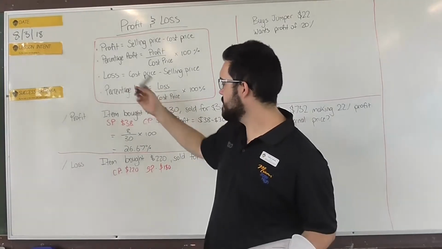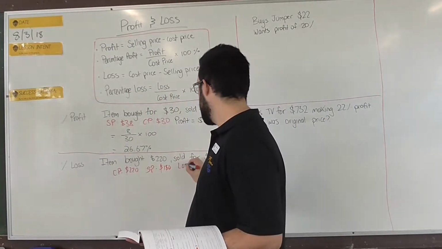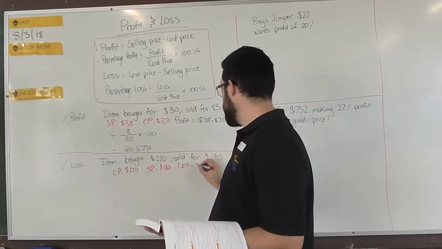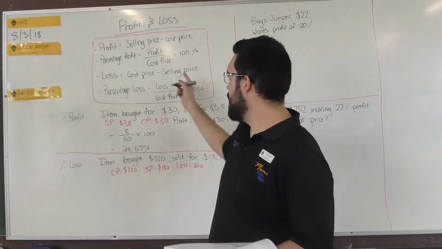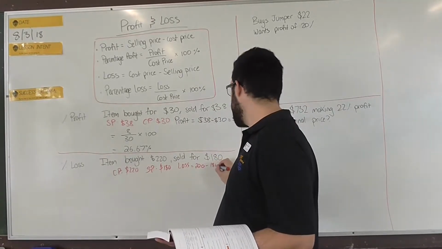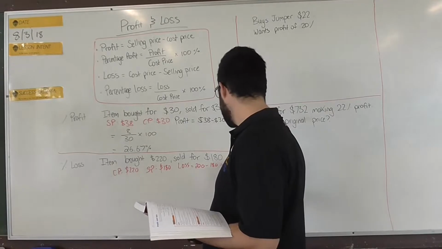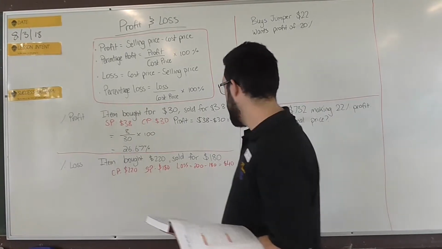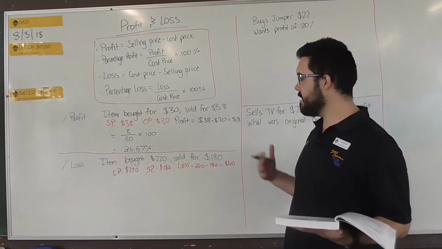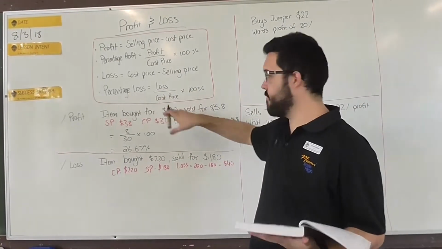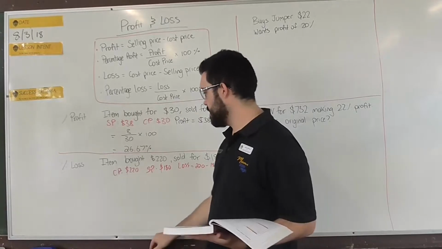Now we know our loss is our cost price, so let's say our 220 minus our selling price, 180. So that's going to equal $40. We made a loss of $40. Now we have all the information we need to substitute into our percentage loss formula and find out what our percentage loss was.